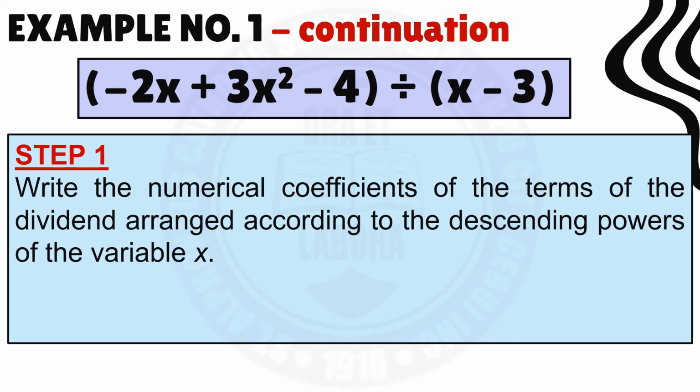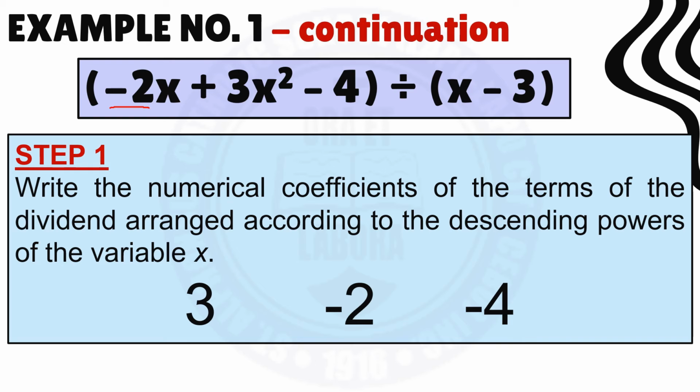So step 1. Write the numerical coefficients of the terms of the dividend arranged according to the descending powers of the variable x. So where did we get 3, -2, and -4?